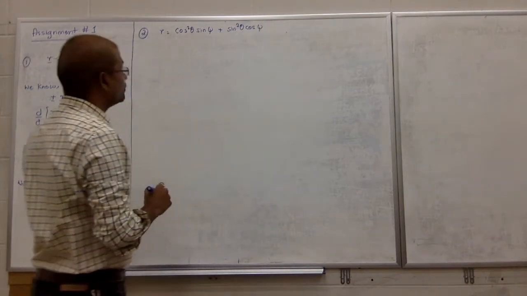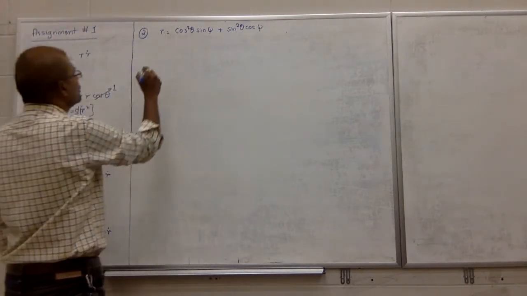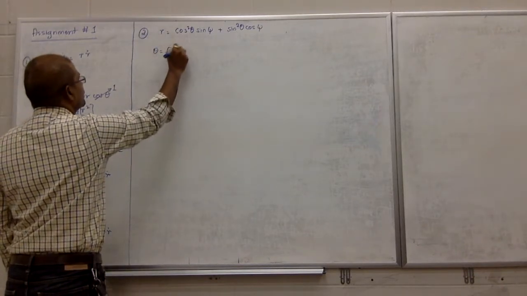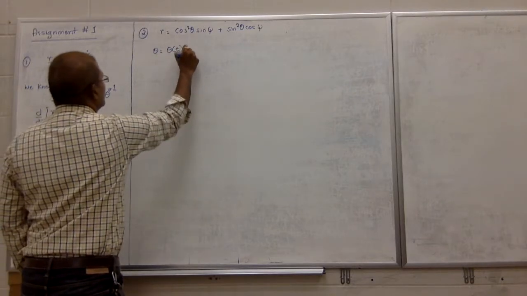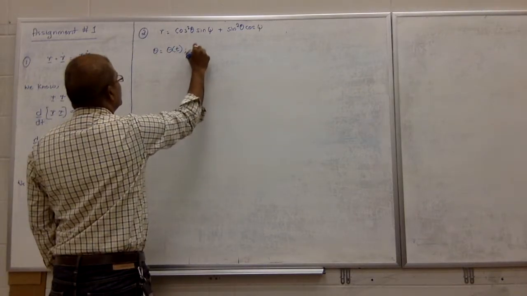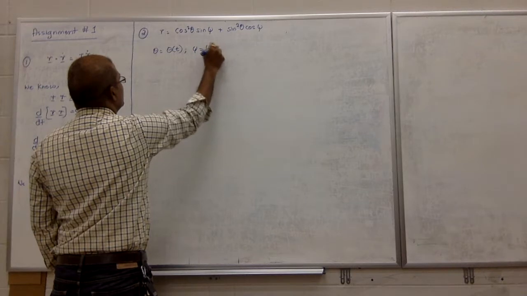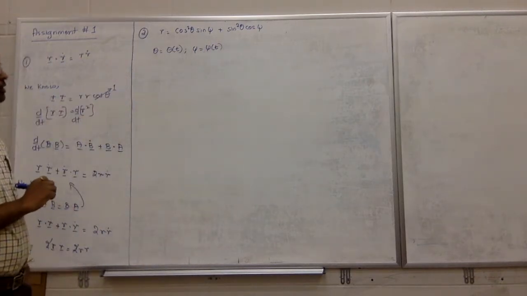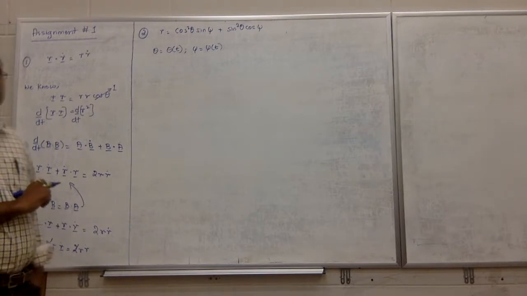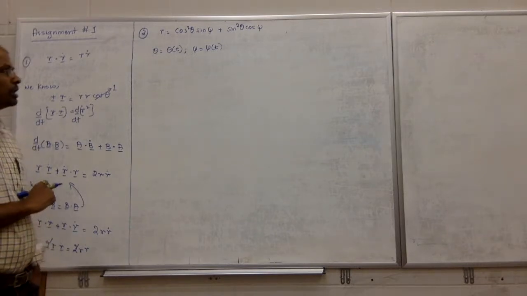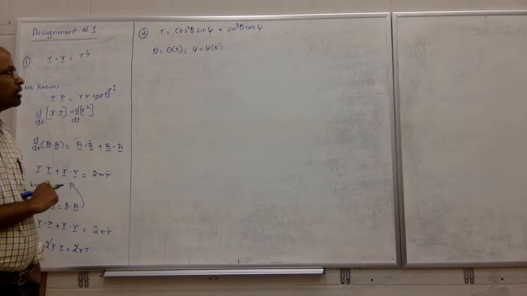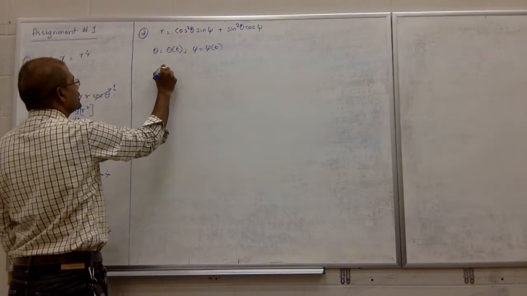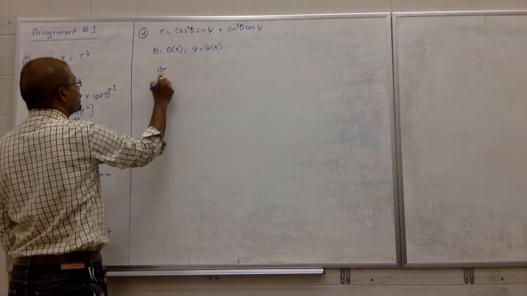Now, if you want to take the complete derivative, keep in mind you are told theta is theta of t and psi is psi of t, which means it's a function of time. You're asked to take the derivative. Try to understand this. What is dr by d theta?